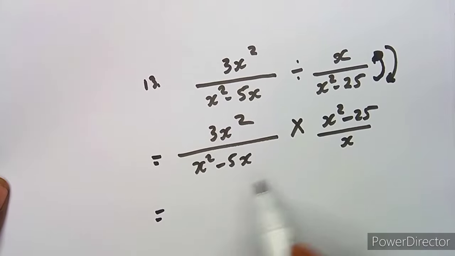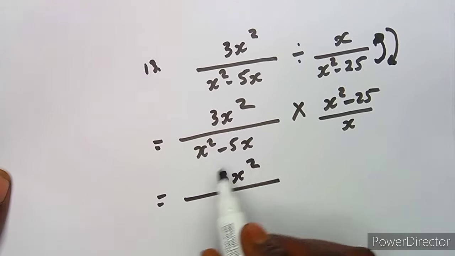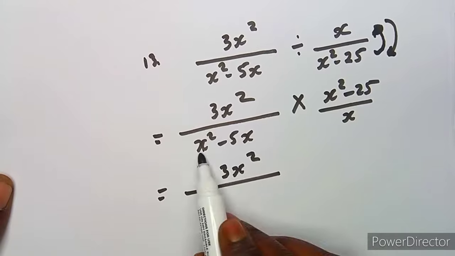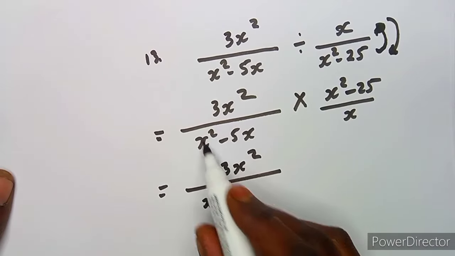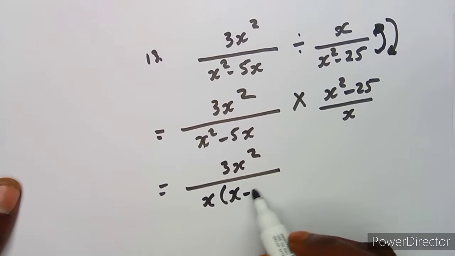Let us simplify. We can have 3x squared over, let's factorize here, x is common. Yes, we could have cancelled, it's fine, but we can factor out x here, which is common, which means you're going to be left with x squared divided by x, which is x, minus 5x divided by x, which is minus 5.